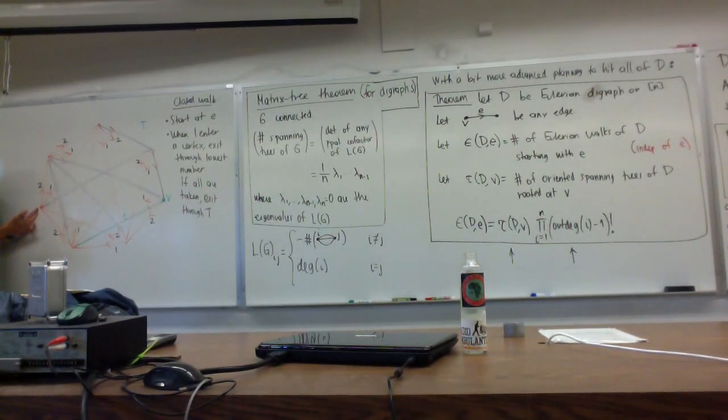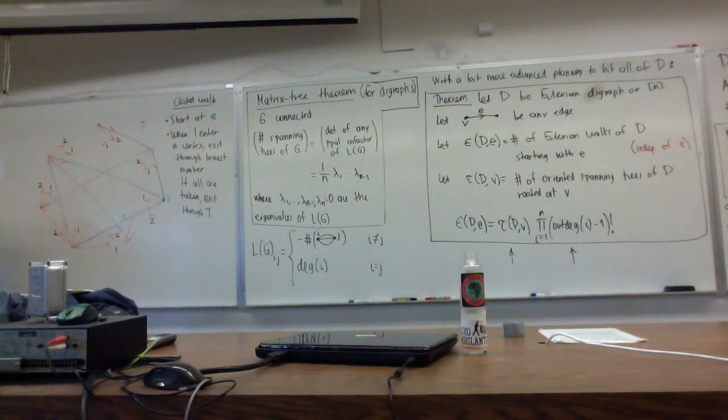Well, if you have two of these edges, then that's not directed, because we would have two edges pointing in different directions. And if you had none of them, then this guy would be disconnected from the rest of the tree, because all edges point to B. So if I start here, I must be able to point to B somehow. So my tree T has to use one of these out edges. That's why there's exactly one blue edge coming out of each vertex.